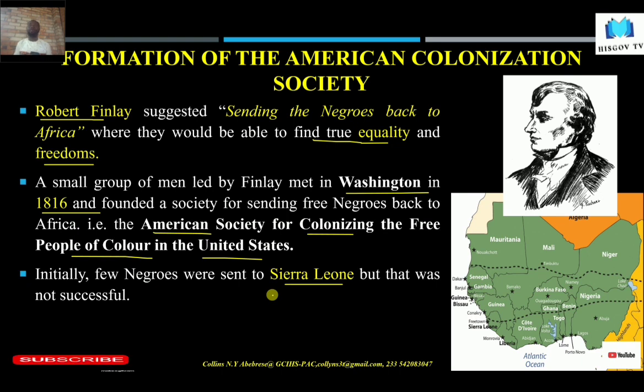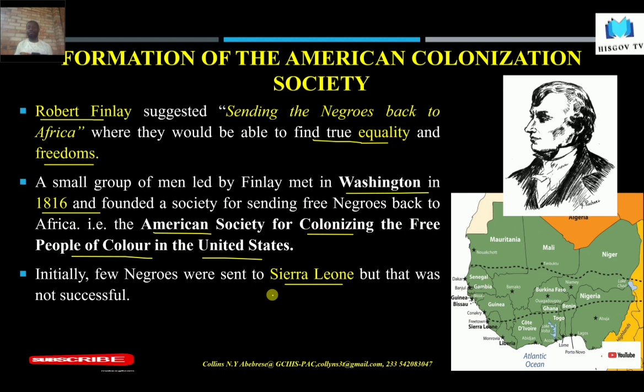And so Sierra Leone had already been established by the British, and we will look at the history behind the establishment of Sierra Leone, probably in our next video. So at this time, Sierra Leone had already been established by Britain to resettle freed Negroes.